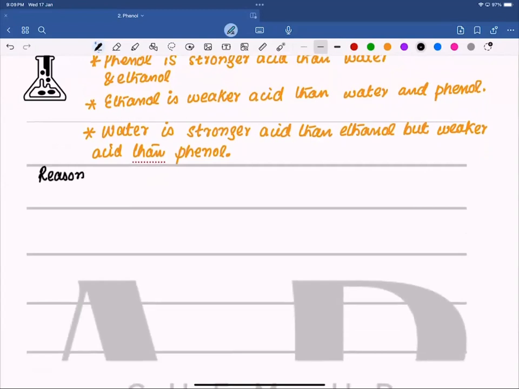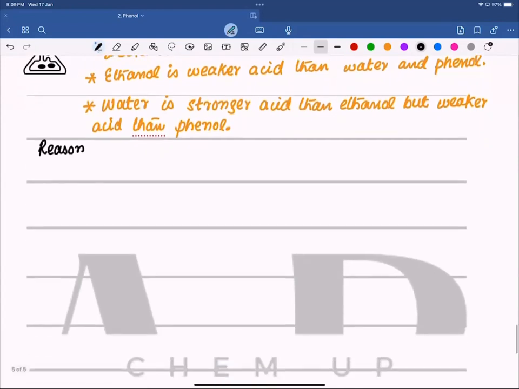Okay, now let's have a look at the reason. I am now going to explain their acidic strength in the context of these molecules.